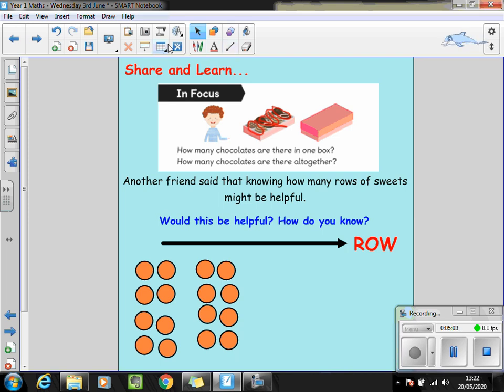Now, if you saw the image like this instead, and instead of rows of 2, you could see 2 rows of 4, then this is what your arrays might look like. So I'm going to make 2 rows of 4.